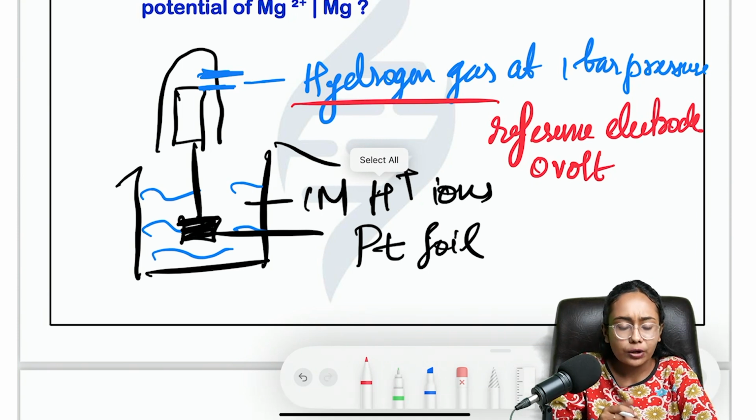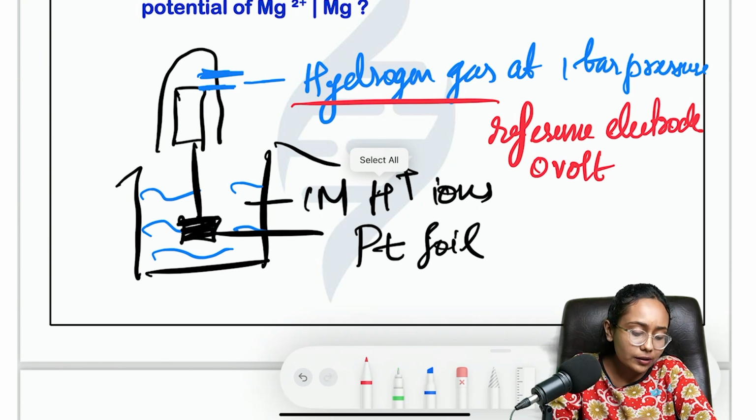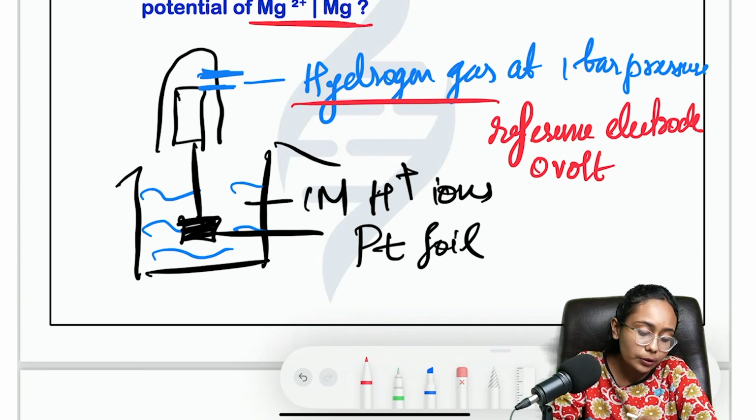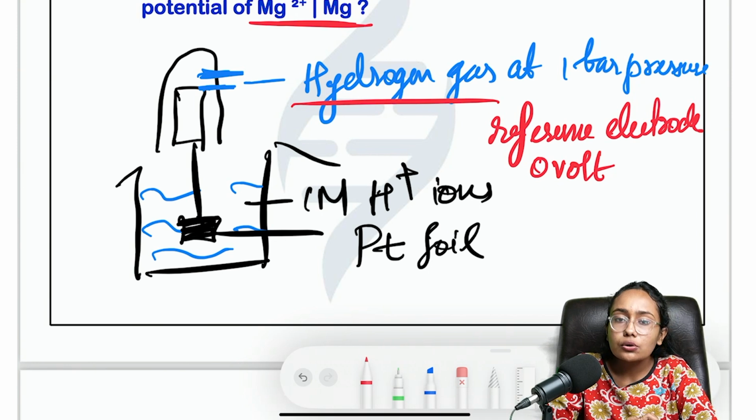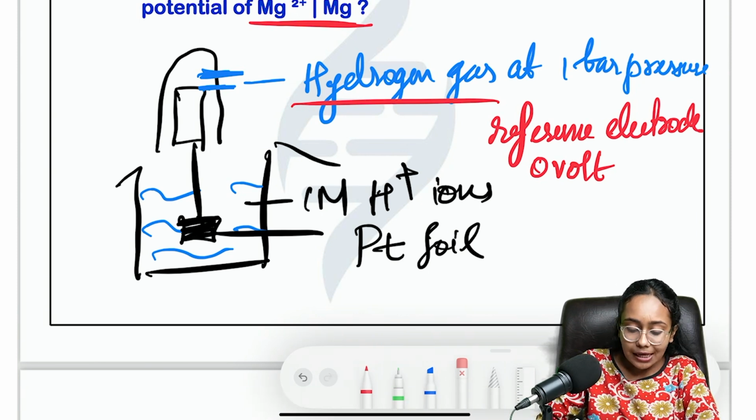Hope it's clear. In this question, we are unaware of the potential value of magnesium. So just couple it with, or compare it with, the standard hydrogen electrode, and then we'll get the EMF of Mg. Let's see how that works.